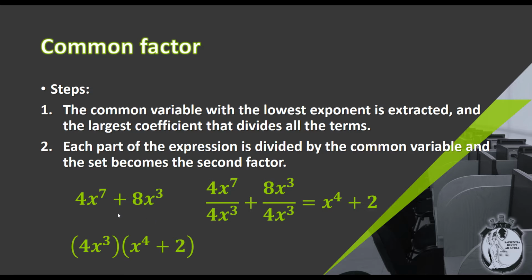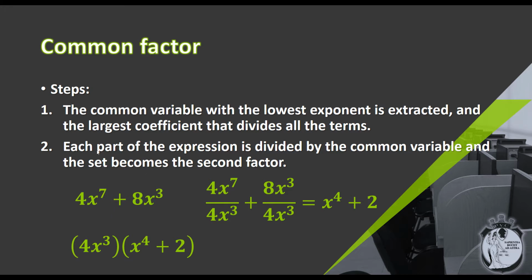For example, here you have two terms and you have the x, so the common variable here is x, and you will choose the one with the lowest exponent. So the lowest exponent is x cubed, not x to the power of 7.